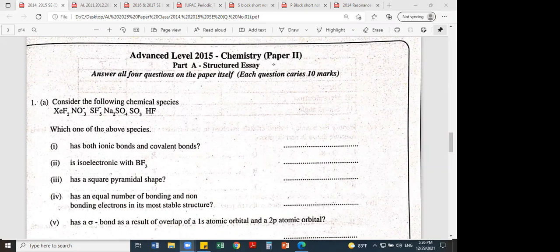Okay. Now the first one asks about both ionic and covalent bonds. Very good question. Which one has both? Sometimes we say this compound is ionic, this compound is covalent. But remember in the exam there can be ones with both ionic and covalent bonds.